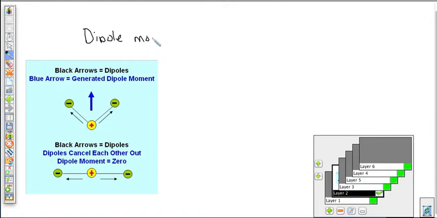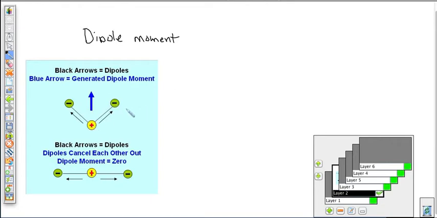The dipole moment is the idea of how strong the polarity of the molecule is. We talked about polarity in the last one, which is the idea that there's unequal sharing, so one end is negative and the other end is positive. If you have this situation where one end of your molecule appears negative and the other appears positive, then you have what we call a dipole moment. The dipole moment is symbolized by this blue arrow right here, indicating that there's a difference between the two ends of this molecule.